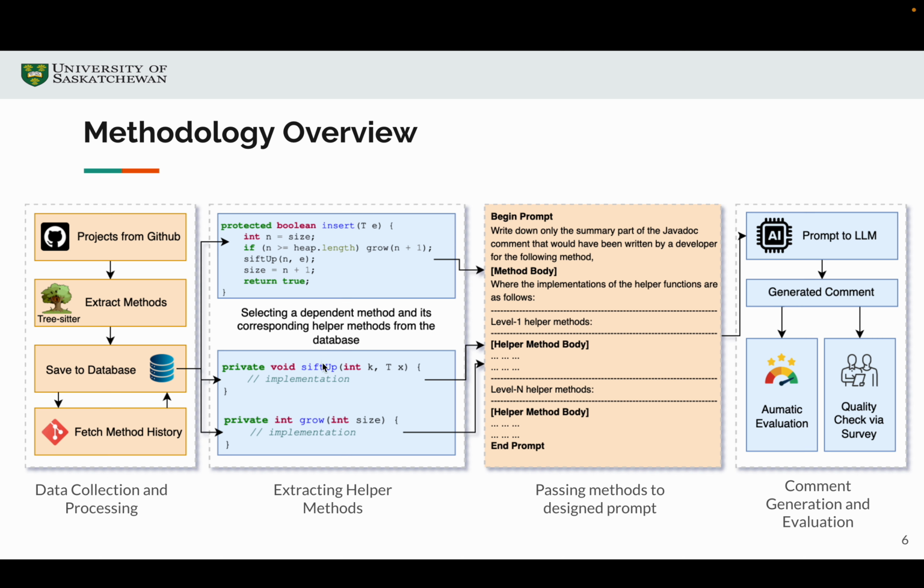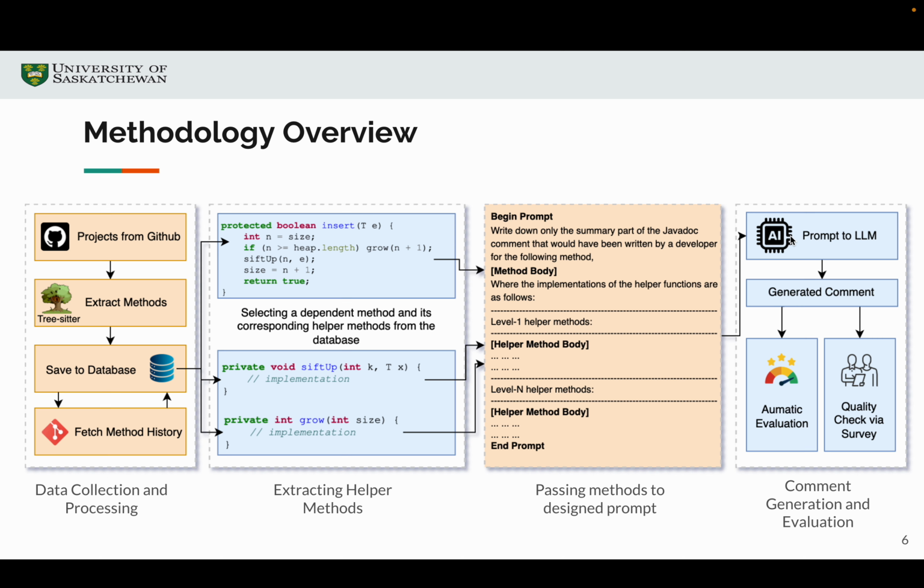Suppose in the shiftUp function, shiftUp calls another method, so that method will be a level 2 helper method for the insert function. So we go till level n helper methods for generating a summary for a dependent method. Okay, and if the method is independent, these things don't come and we don't give any helper method information in the prompt.